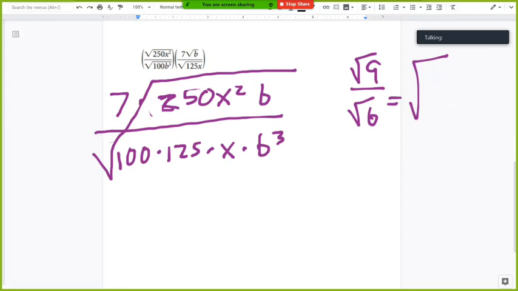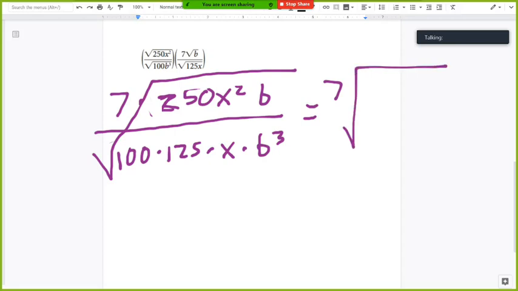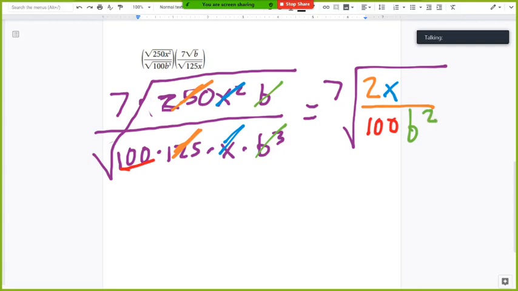Alright, so what that allows me to do now is simplify this fraction inside the radical. 250 over 125 is going to be 2, so that's 2 over 1. The 100 stays there. The x squared over x becomes just an x, and b over b cubed becomes just 1 over b squared.